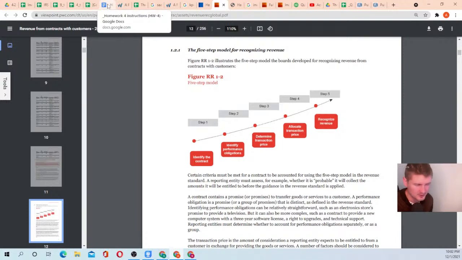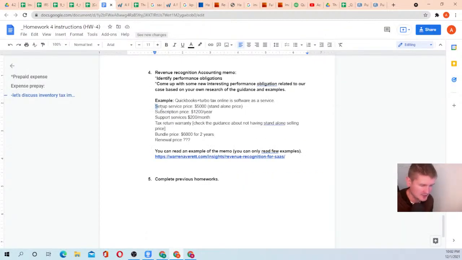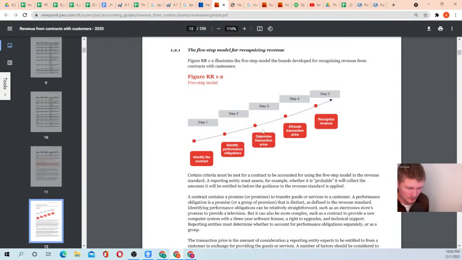As to performance obligations, some of our promises in the contract, some of the actions, might be performance obligations, and some of them might not be. So that's the trick here. Let's go back. We determine the transaction price, then we allocate the transaction price to whatever we decide is a performance obligation.